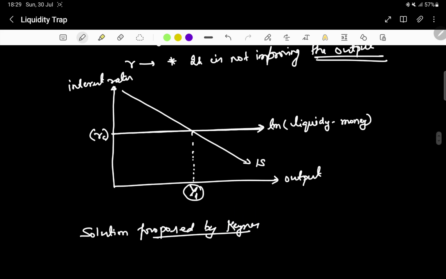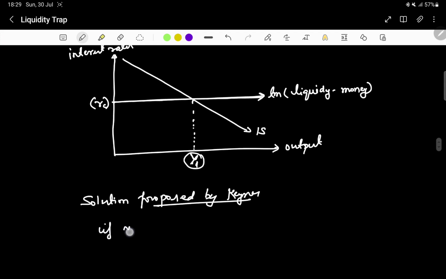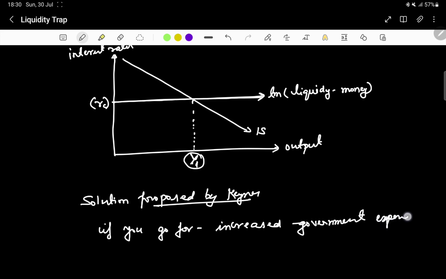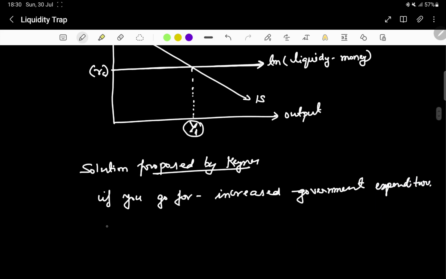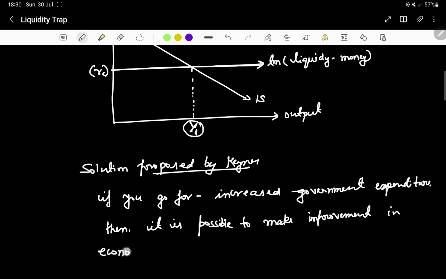We can say that Keynes argued, if you go for increased government expenditure, then it is possible to make an improvement in the economy.